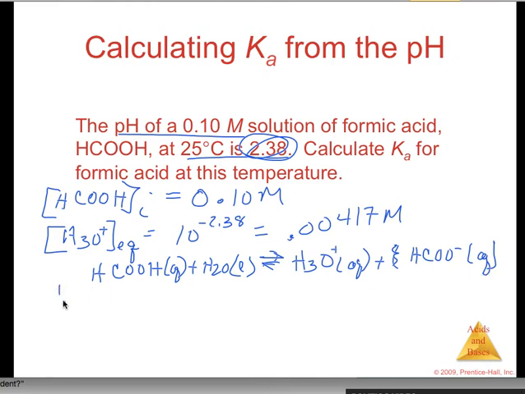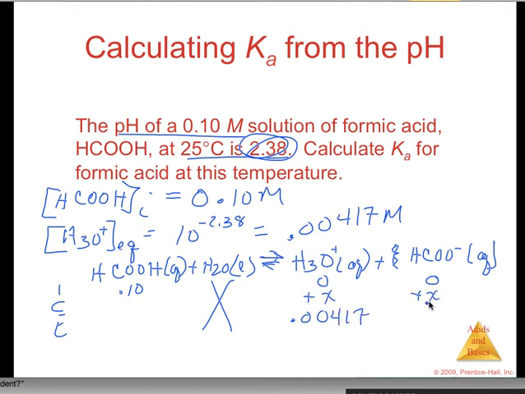There's my equation, ice table. Initially, I know I have 0.1 here. Water does not enter into the equation. At the very start, you assume that I have not dissociated. At the end, I know that my equilibrium concentration here is 0.00417.